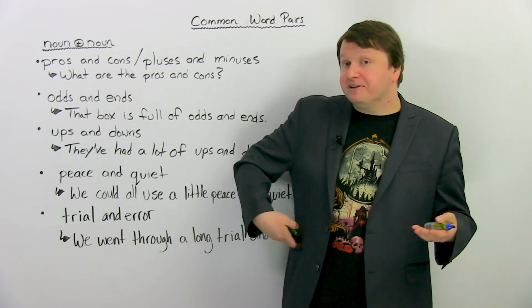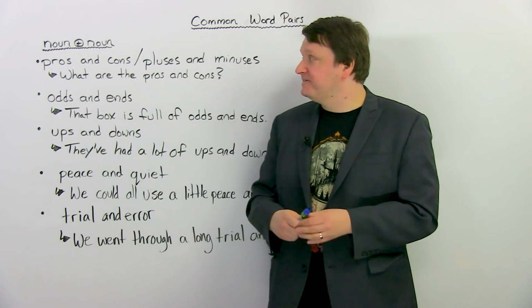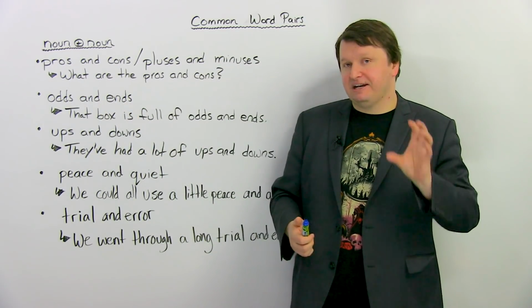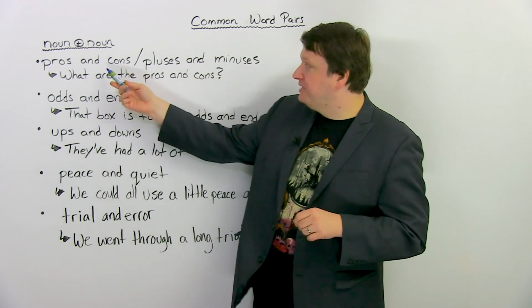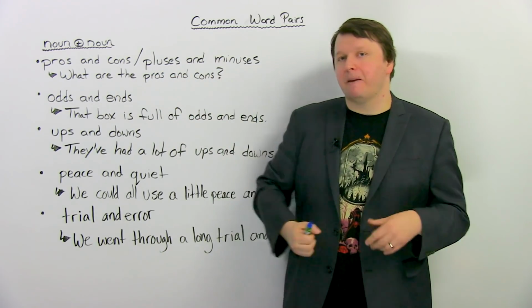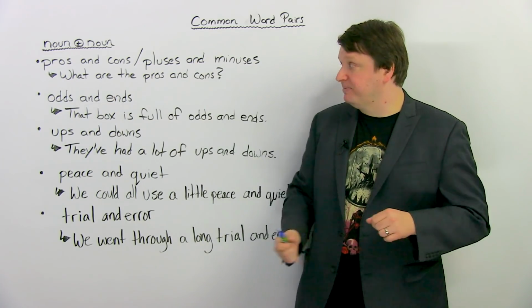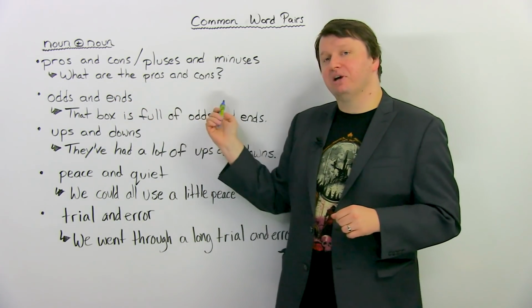Speaking of pros and cons, pluses and minuses, this is the first word pair in our noun and noun set. So pros and cons, pluses and minuses basically mean the advantages and disadvantages of something. What are the pros and cons?